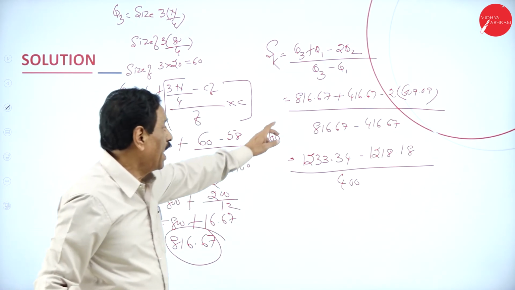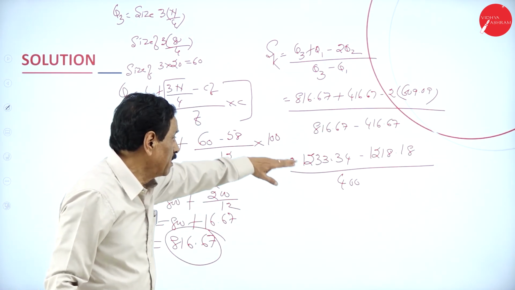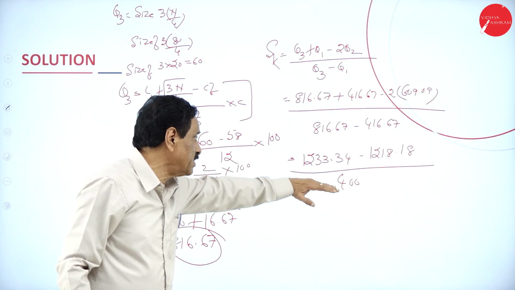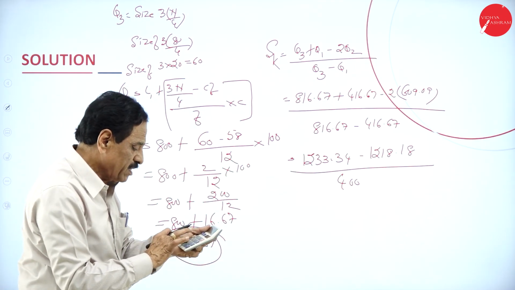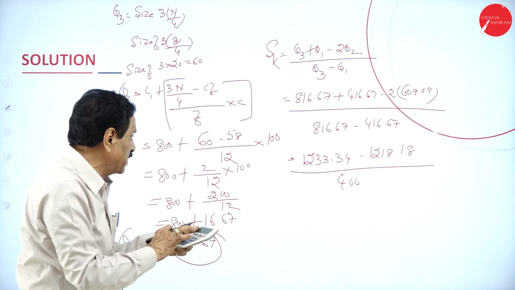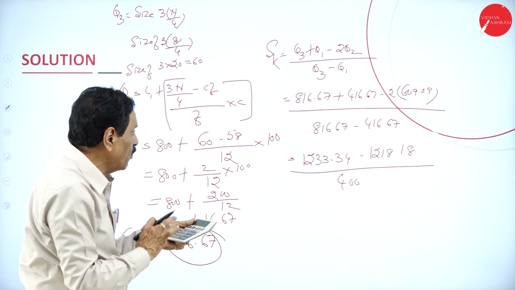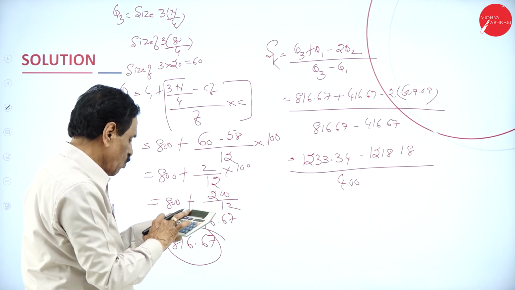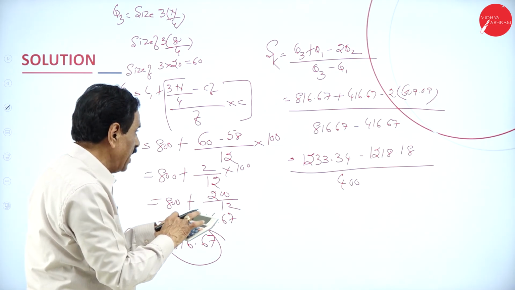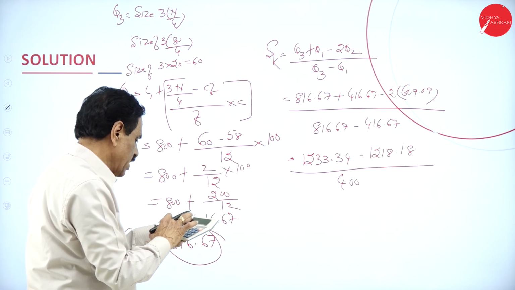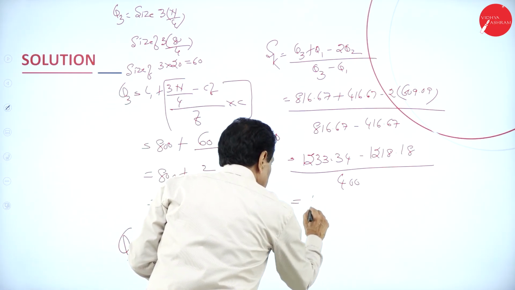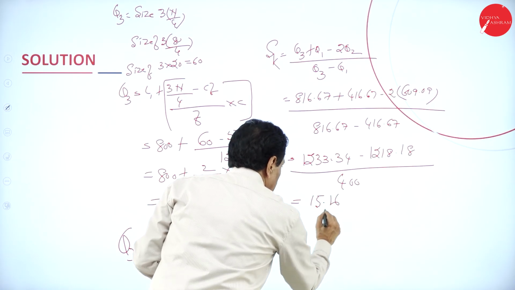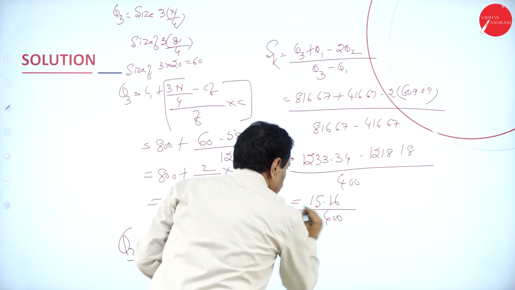What I did now, I added the numbers, then from this number I am deducting this. What is the next step to do? Deduct: 1233.34 minus 1218.18 is equal to 15.16, divided by 400.